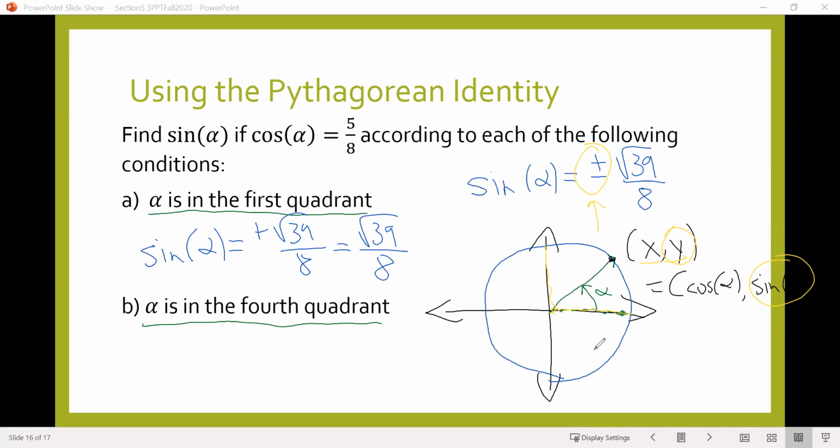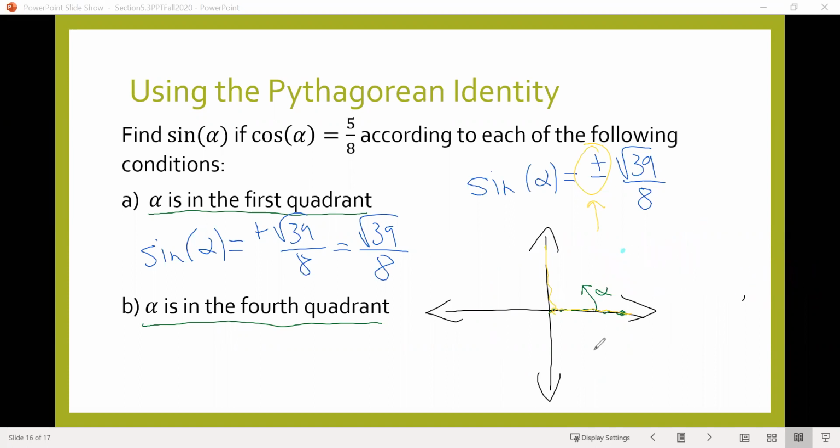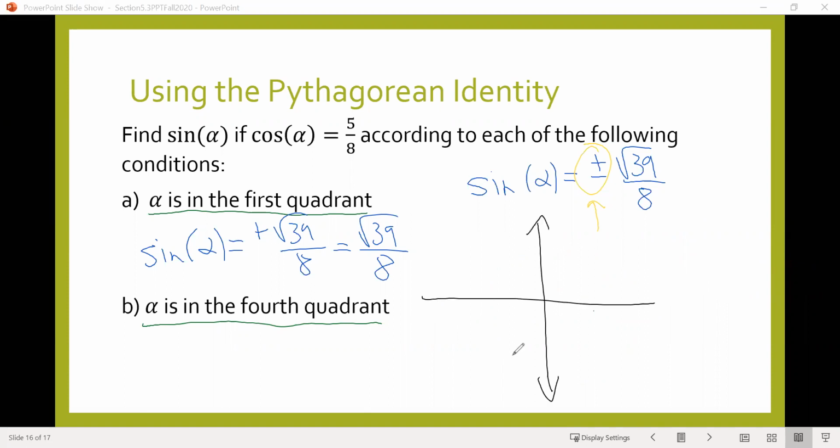Now let's look at the second one where alpha would be in the fourth quadrant. So what this means in terms of our picture, I'll redraw that here. We'll again have our set of coordinate axes. We'll start here on the positive part of the horizontal axis. Now we're going to the fourth quadrant, so we're going to rotate all the way around to here.